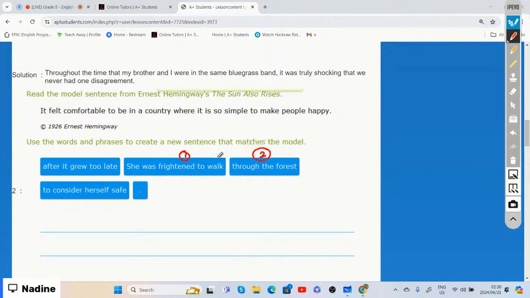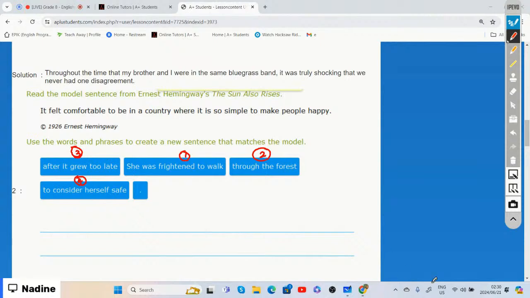So she was frightened to walk through the forest. Let's go with after it grew too late to consider herself safe. Let's see if that sentence even makes sense. It says she was frightened to walk through the forest after it grew too late to consider herself safe.